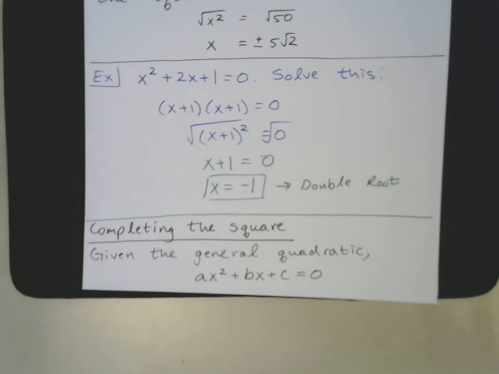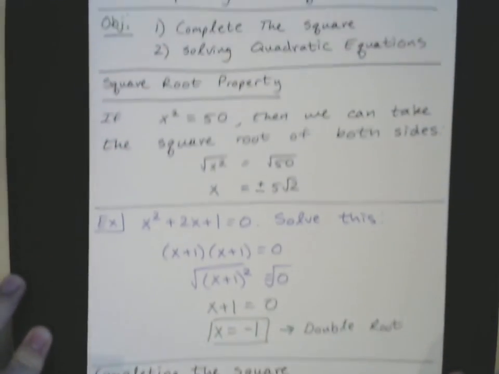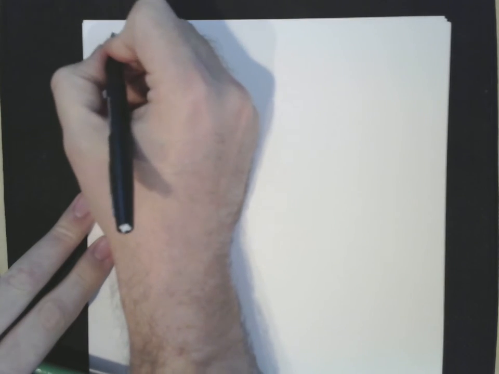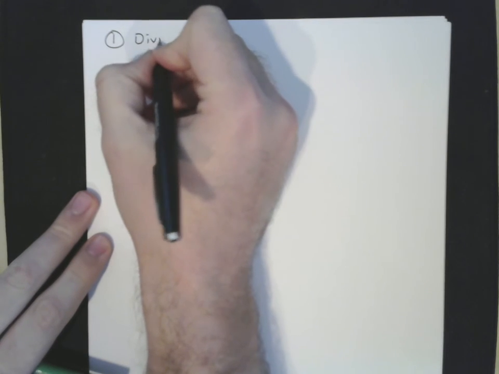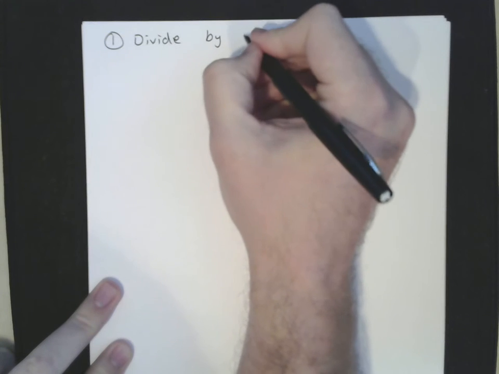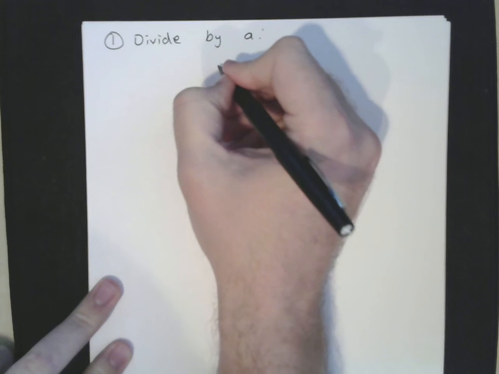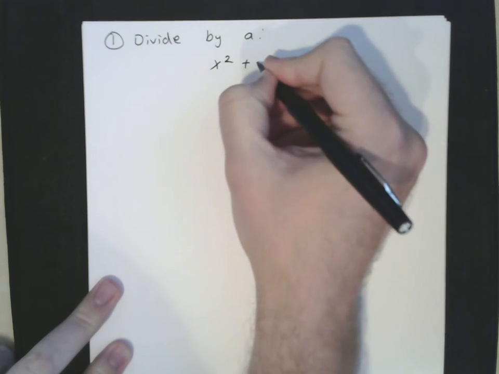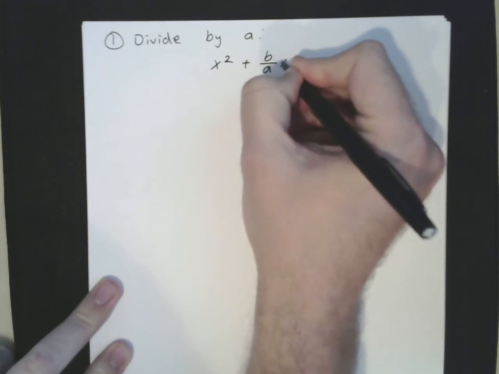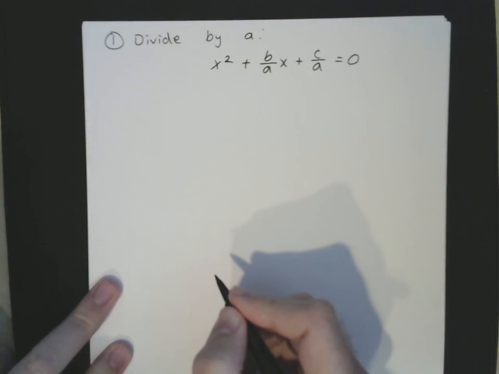So we're going to walk through the process of what to do to this quadratic to complete the square. So the first thing we do, number 1, is we divide by a. And so if we divide the general quadratic by a, we end up with x squared plus b over a x plus c over a equals 0.